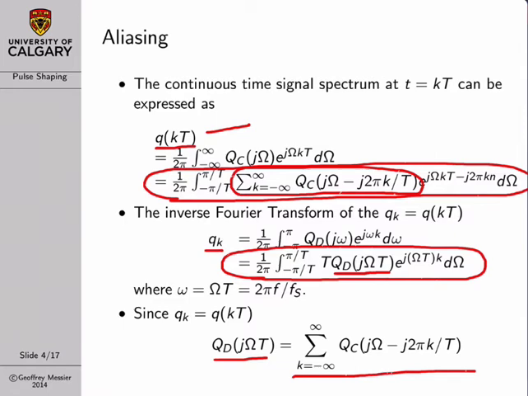So when you sample a continuous time signal, the discrete time spectrum is a bunch of repeated copies of the continuous time spectrum. And in standard signal processing, what you need to make sure is that the repeated copies of the continuous time spectrum don't overlap.